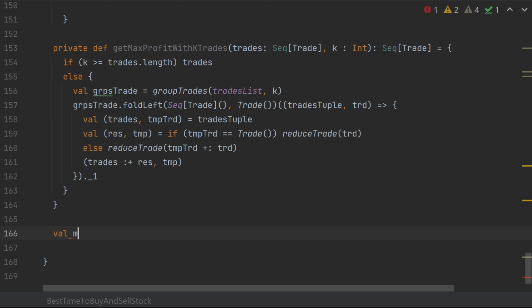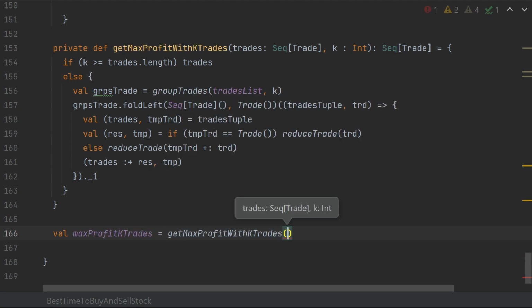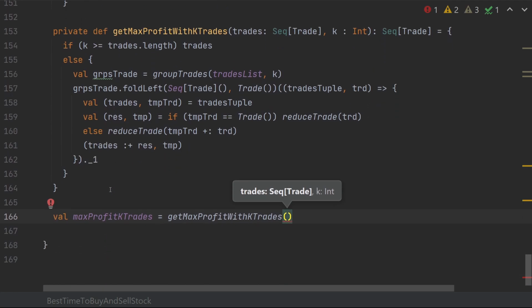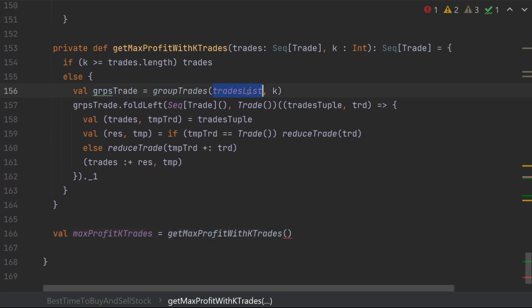So let's calculate the max profit. k trades is equal to get max profit. All right, so we are going to pass this trades list. Basically we are getting this trades list, so it should be the trade, basically what we are going to pass here.